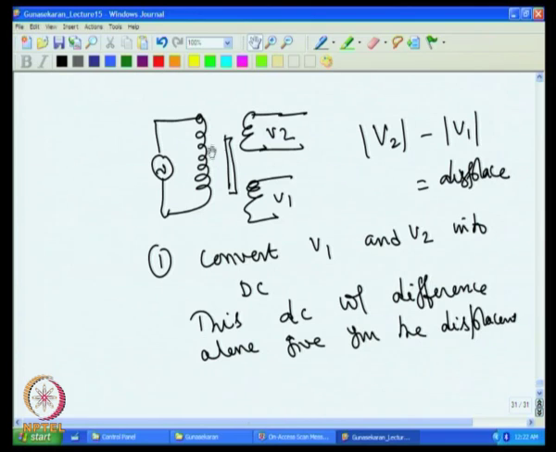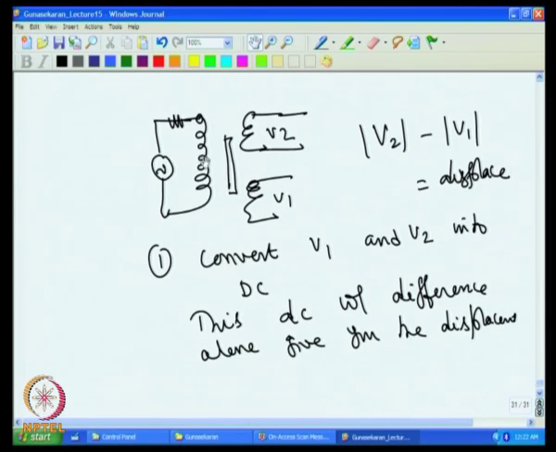So, the resistance of this coil matters a lot, because whatever voltage is applied is partly lost on the resistance of this wire. The LVDT has a resistance in the primary as well as inductance, and only the inductive part is transferred to the secondaries. The resistance part is not transferred; it is a loss.